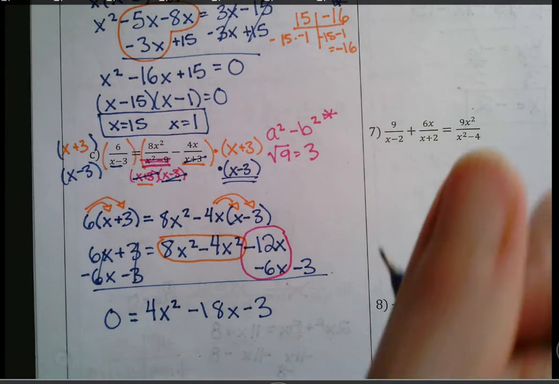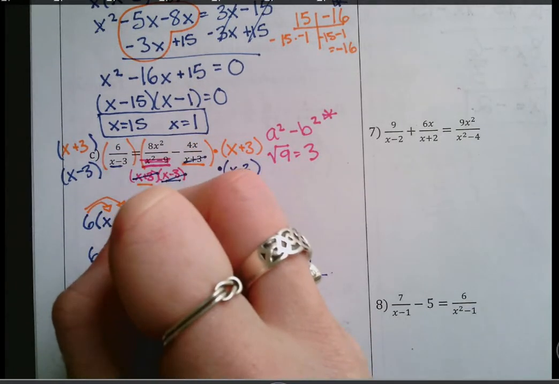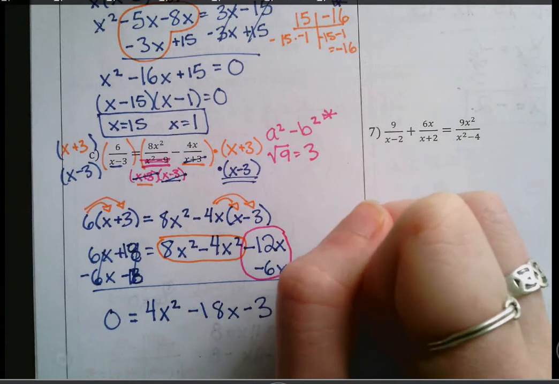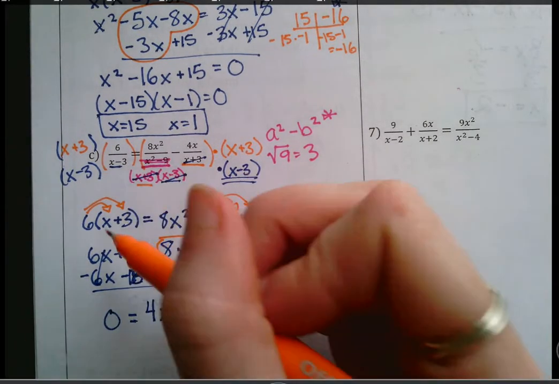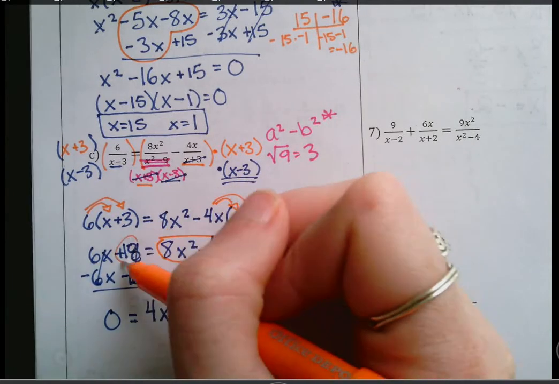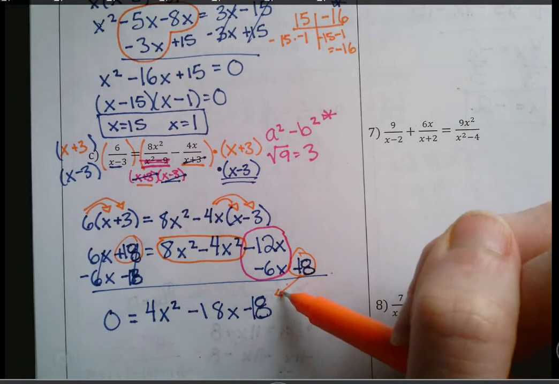What am I doing? Not 3. This is 18. Forgot to distribute the 6 here. Distribute the 6, this should be an 18 then, meaning I'm subtracting an 18 over here. So minus 18.